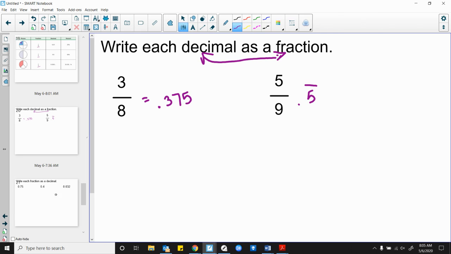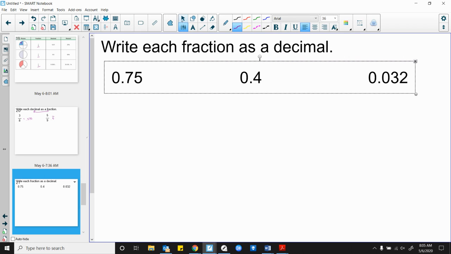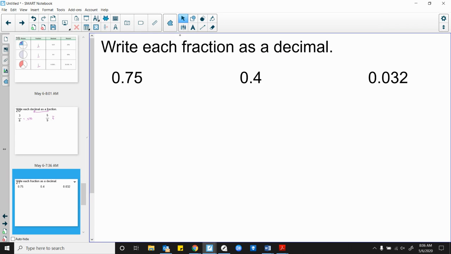Now, this one, I messed up again, it should say write each decimal as a fraction. But for the time being, I'll just show you here. So it's 75 over.